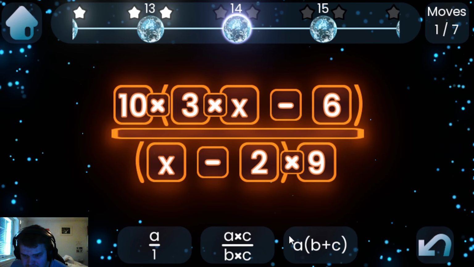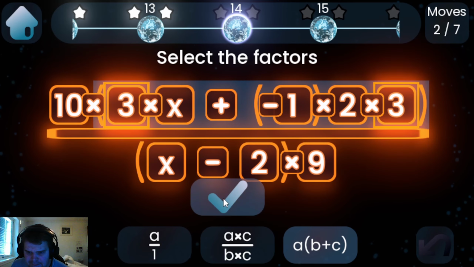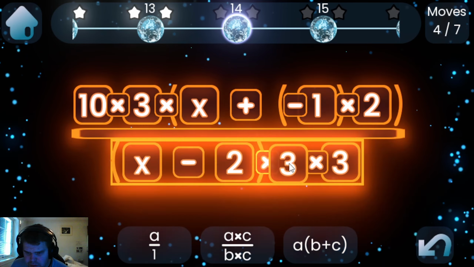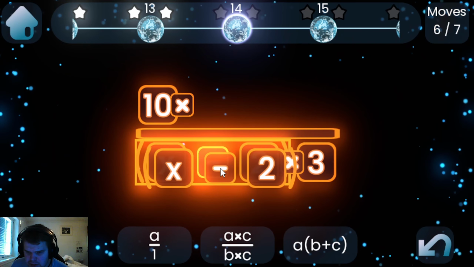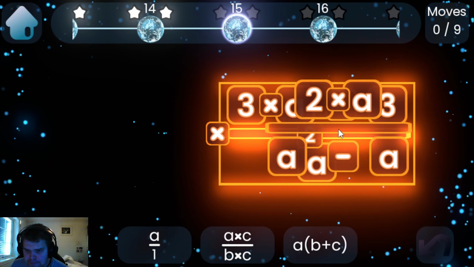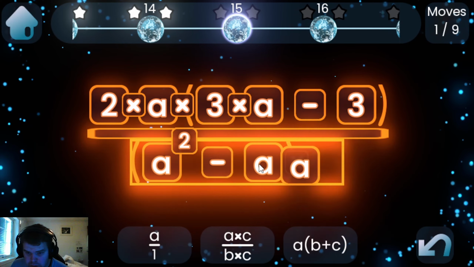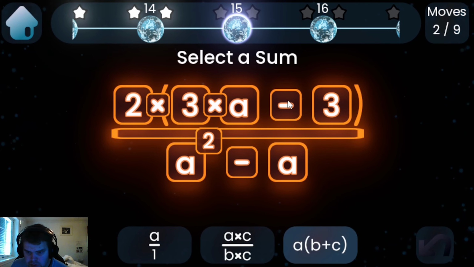What do we got here? Yeah, we can get the 3 out of here, which means it can go against one of the 3s from this 9. And then if I multiply this back in, I see that these are the same. Yeah, nice. Let's see. Whew, okay, A goes against A here. Cancels A. Let's get the 3 out of this.